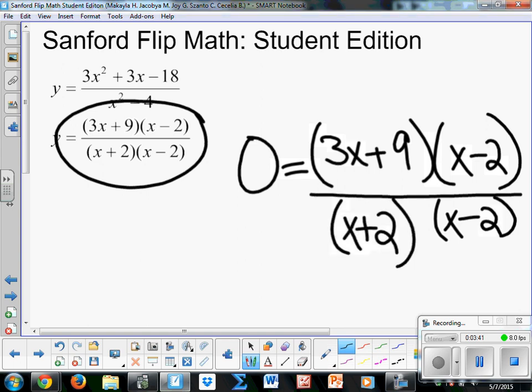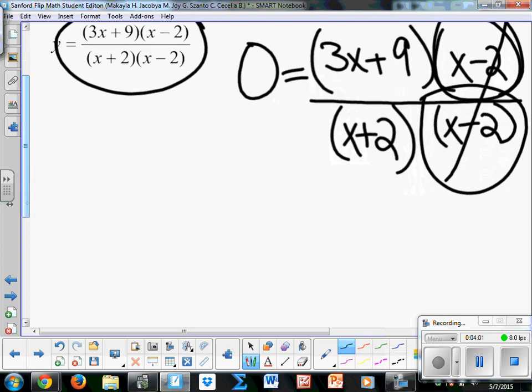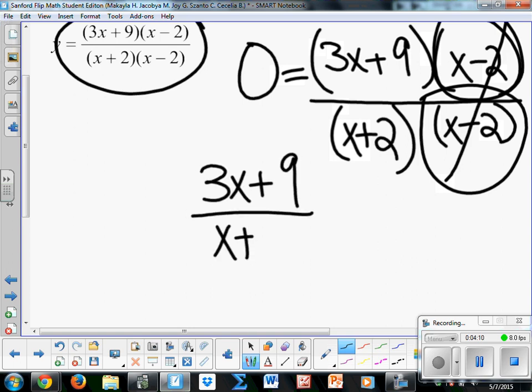The first thing that jumps out to me when I look at this equation is that there is an x minus 2 in the numerator and an x minus 2 in the denominator. So these two factors can cancel out. So when we rewrite our equation, it will be 3x plus 9 over x plus 2 equals 0.